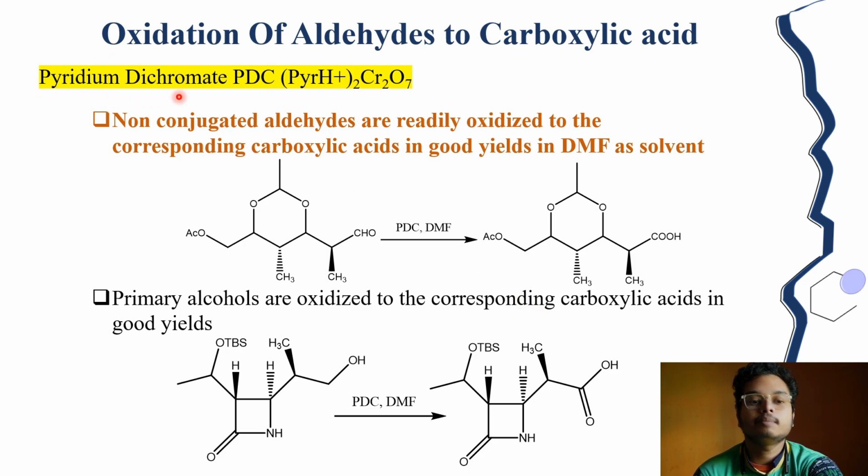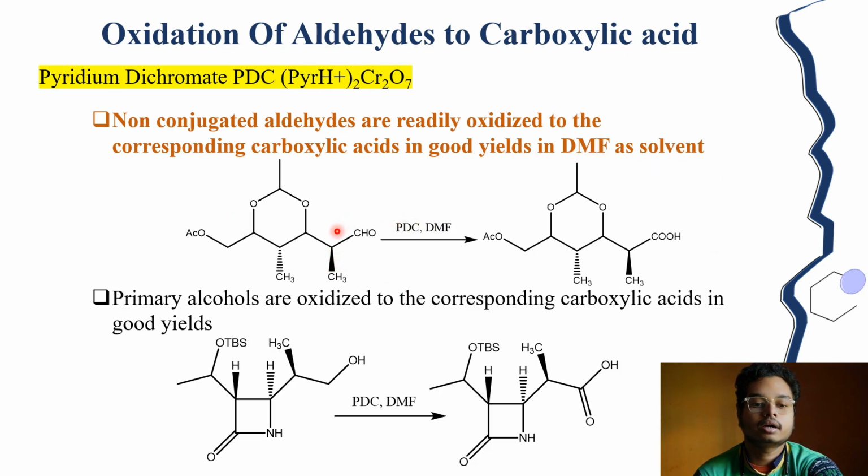Now, let us talk about pyridinium dichromate. As I already discussed in our chromium based oxidation, PDC in the presence of DMF solvent shows direct alcohol to carboxylic acid conversion because of the water content, which increases the reaction rate as well as the reactivity. The non-conjugated aldehydes are readily oxidized to the corresponding carboxylic acid in good yield in DMF as a solvent.